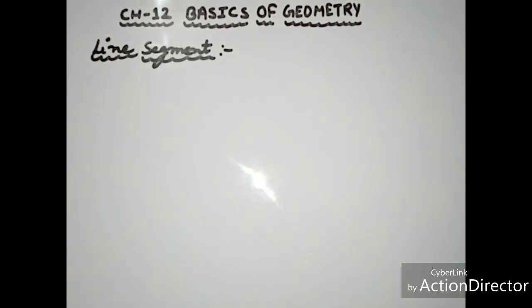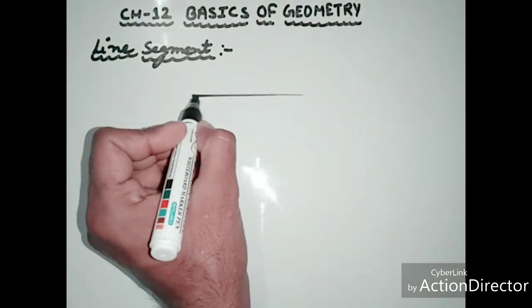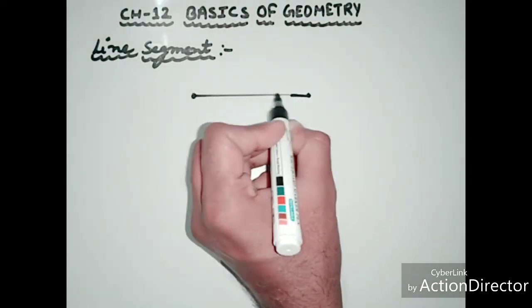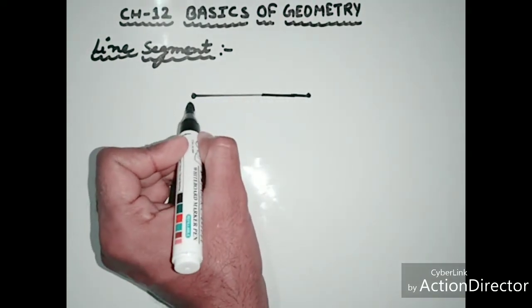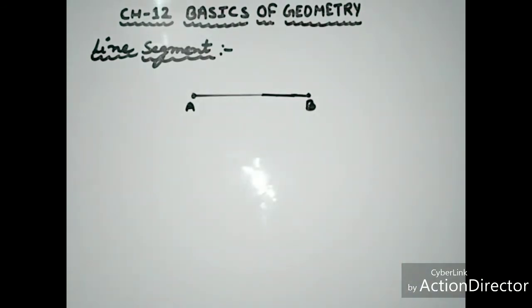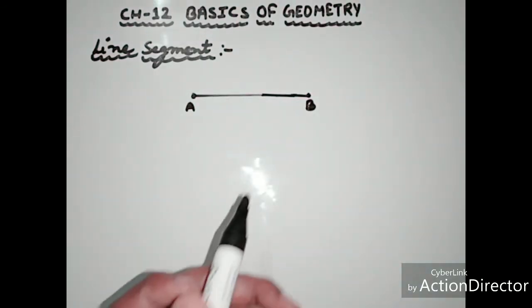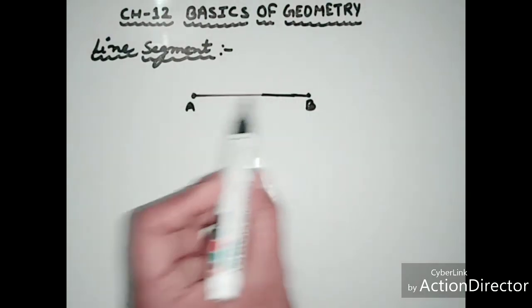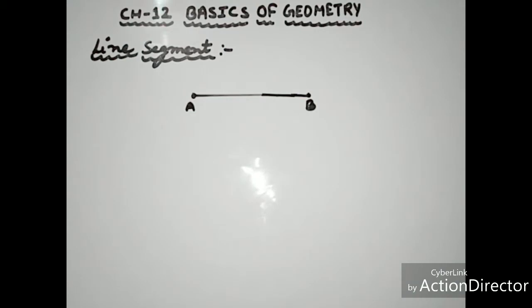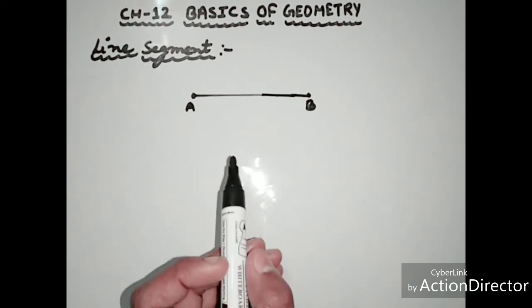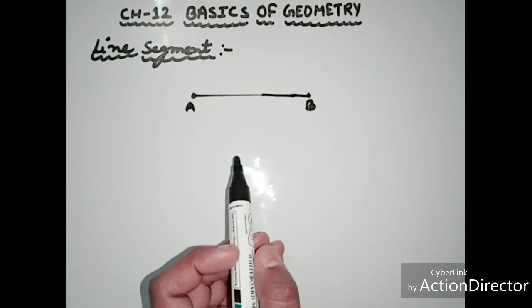Now line segment. A part of a line is called a line segment. A line segment has two endpoints, point A and point B, and here we can also give other names like P, Q, X, Y, etc. A line segment has a fixed length that can be measured.